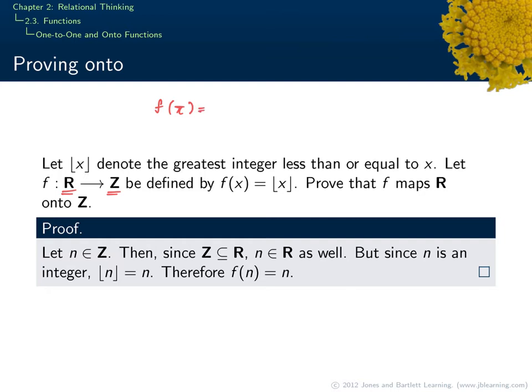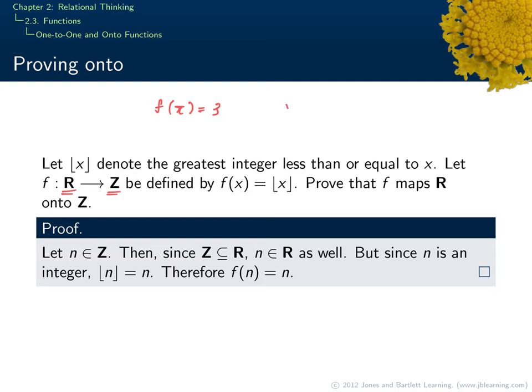Then you find the largest integer that is less than or equal to that input number. Pi is about 3.14, so the largest integer less than or equal to pi would be 3.